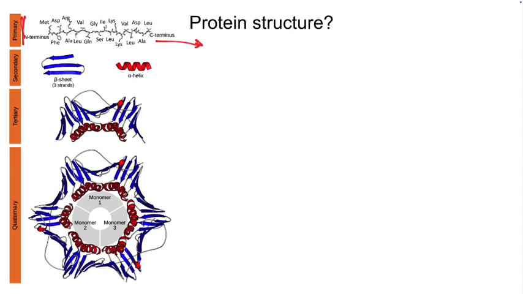Because what we would be talking about typically is we would say met, phe, asp, ala. You guys get the idea? So it's just the sequence of the amino acids. That's what we would classify as primary structure. Okay?